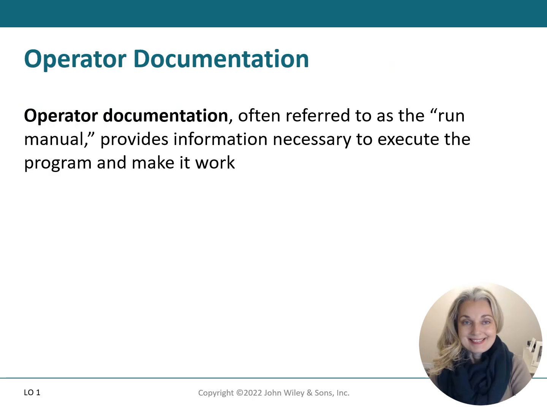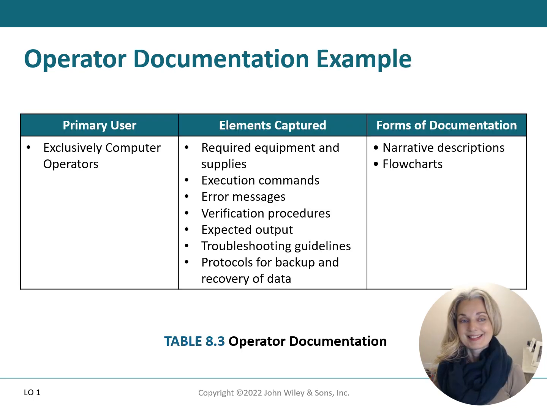Now we move on to operator documentation, and this is often referred to as the run manual, and it provides information necessary to execute the program and make it work. The primary users of this documentation are computer operators.